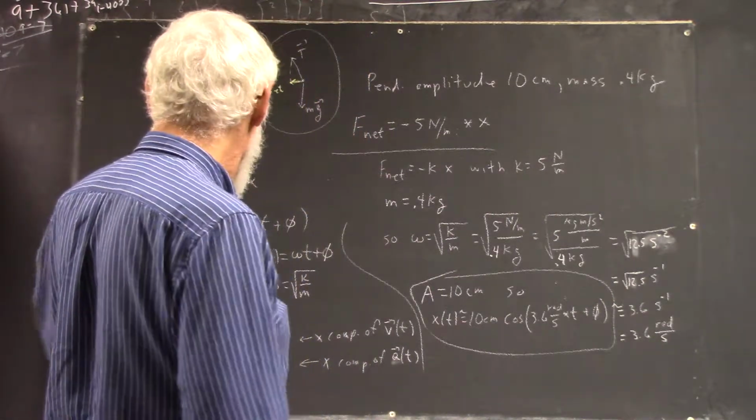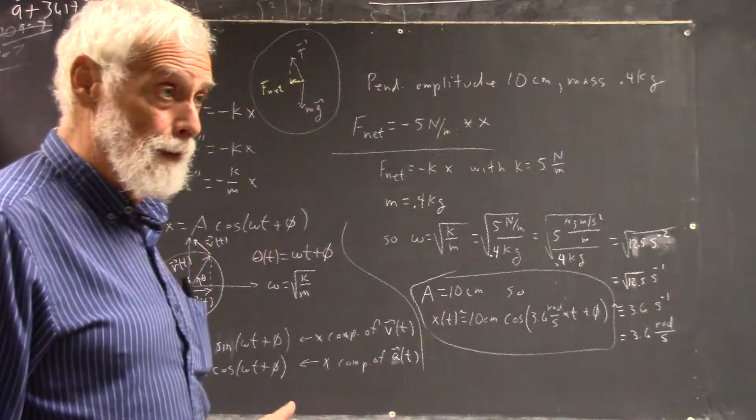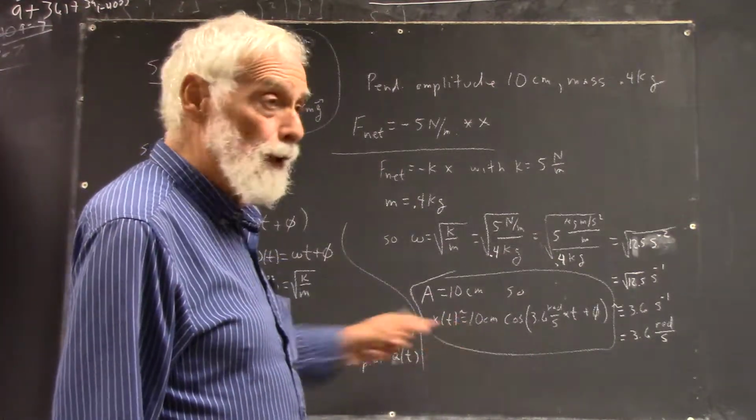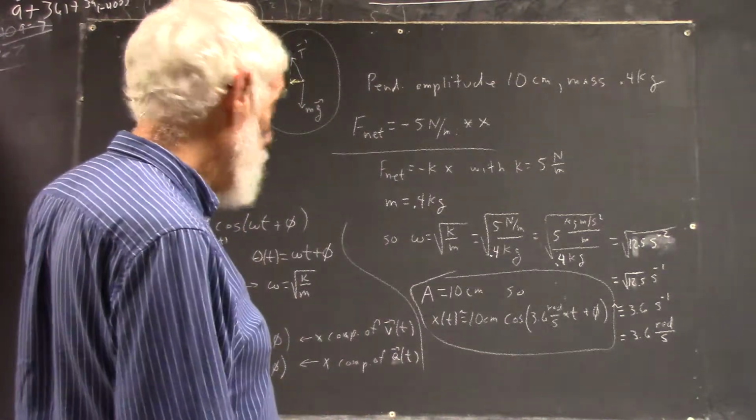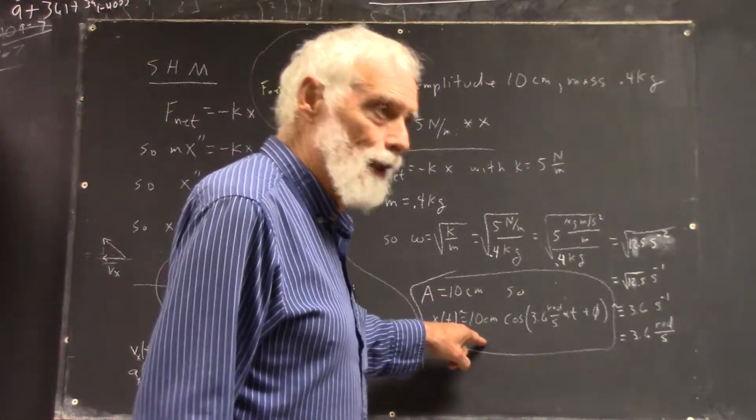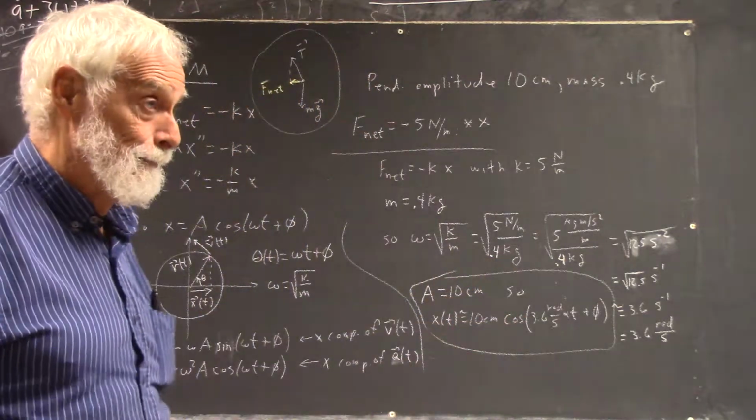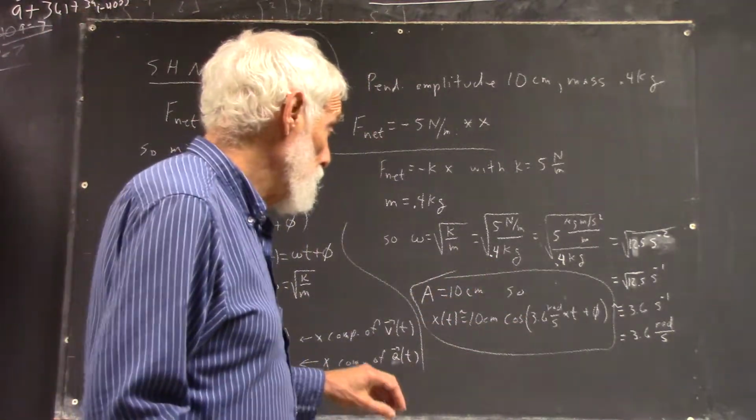And from that, you can easily get the velocity and acceleration function. So as soon as I write that down, those are automatic. Okay? You don't have to memorize these. Once you have this, you just take a couple of derivatives, and there it is. And that's not something you have any trouble with. Okay.